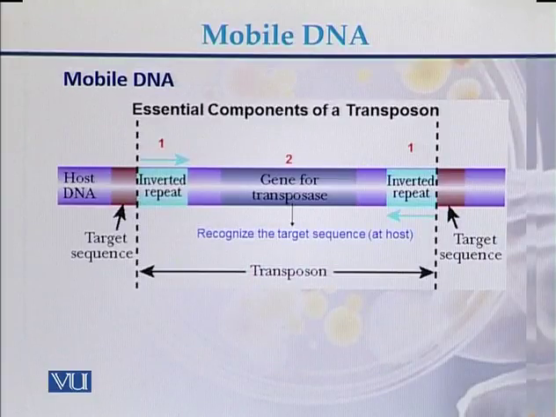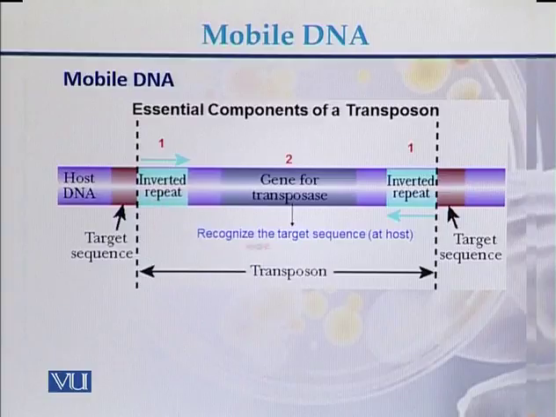If we see the detail of a typical mobile DNA or transposon, we see that there are two main components. In the middle, there is a gene for transposase, meaning that it produces an enzyme which recognizes the target sequence. And on both ends, there are inverted repeats.